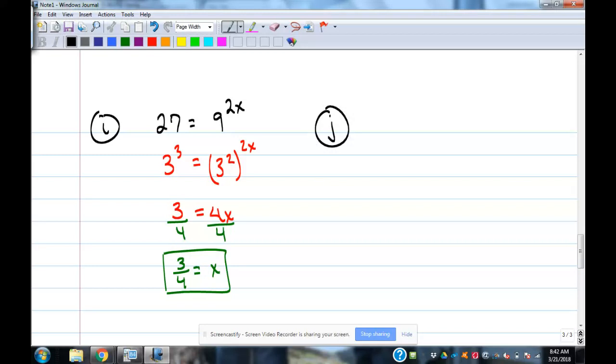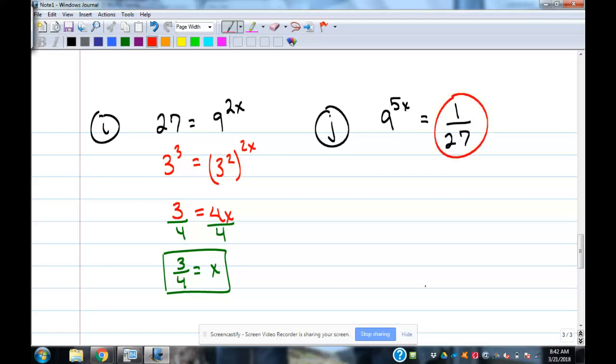Let's change it up a little bit then. Let's say we had 9 to the 5x equals 1 over 27. Looks like a very similar problem. Ooh, somebody remembers exponent rules.